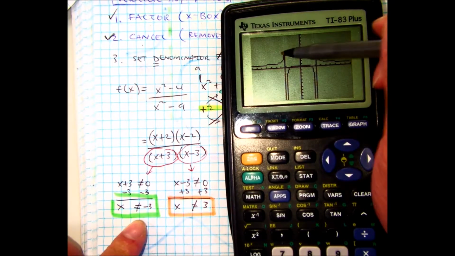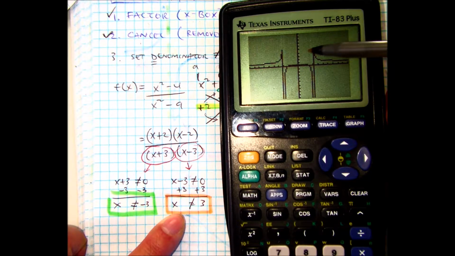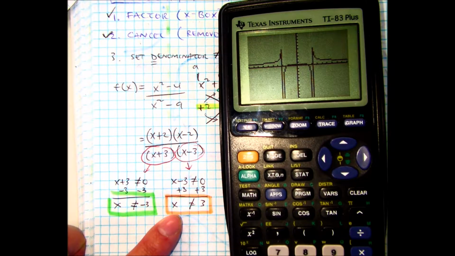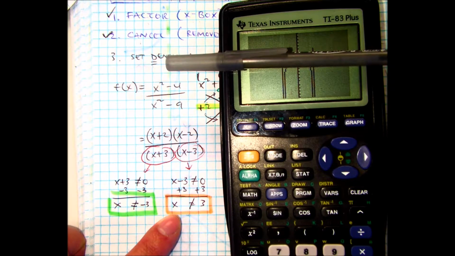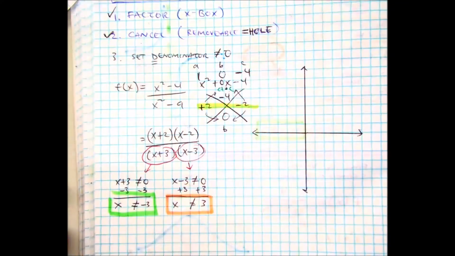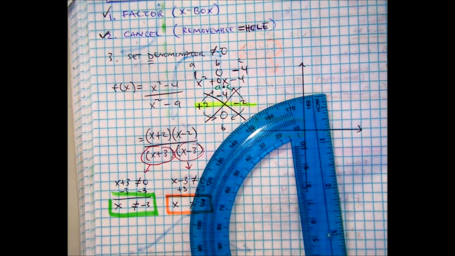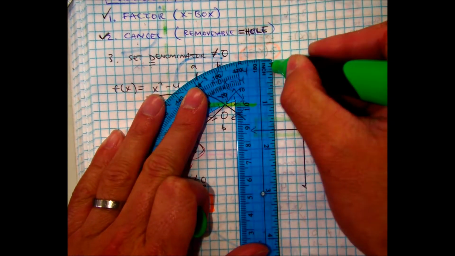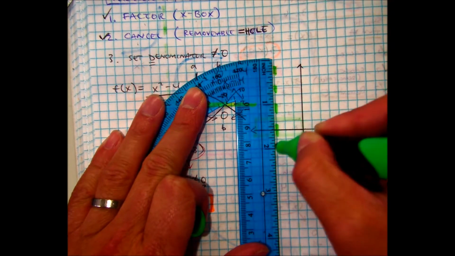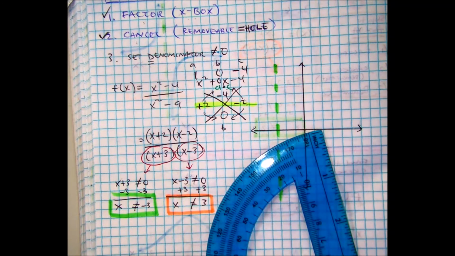So there I see my asymptote at negative 3. I see a positive asymptote at positive 3. And Monday's lesson is to see if we can figure out a horizontal asymptote. Let's go ahead and graph this. So I'm now going to put my x equals negative 3, and now I'm going to put it at positive 3.